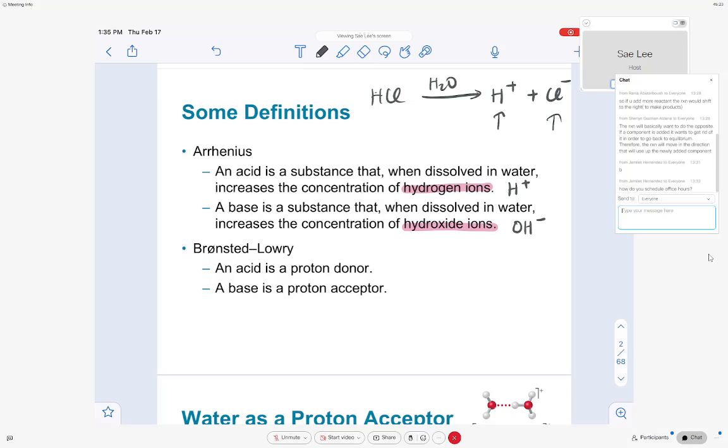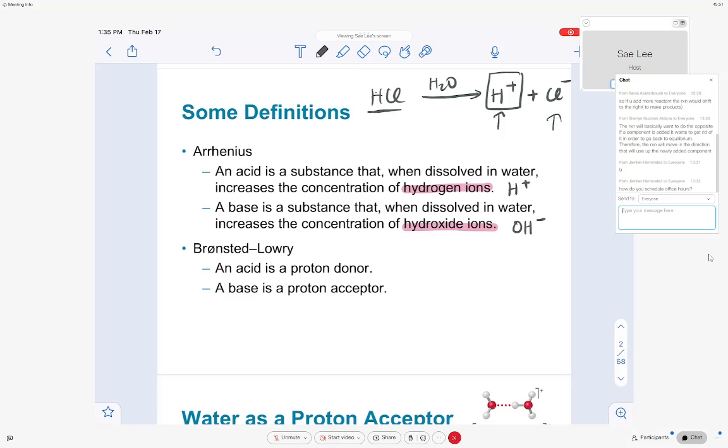Because it increased the concentration of hydrogen ion when dissolved in water, hydrochloric acid is considered an Arrhenius acid. So that's the definition of Arrhenius acid, or now base. However, the Arrhenius concept of acid and base is rather limited because it's restricted to aqueous solution which involves water.